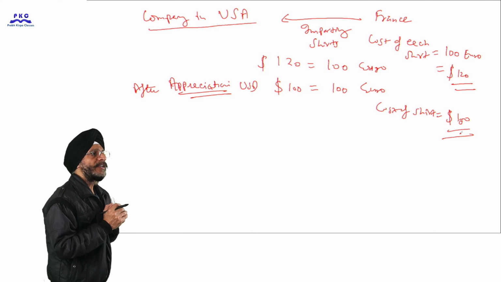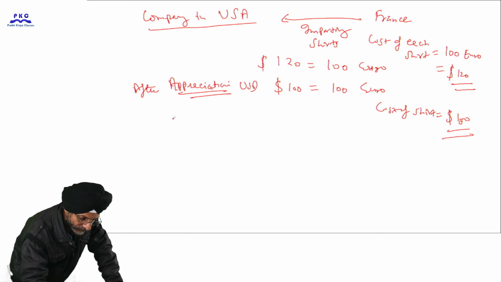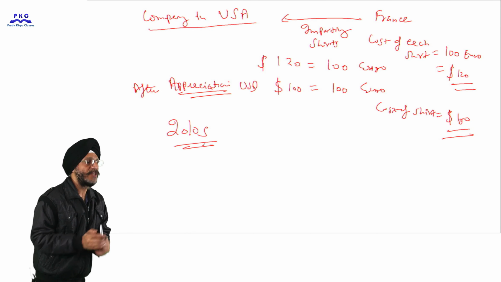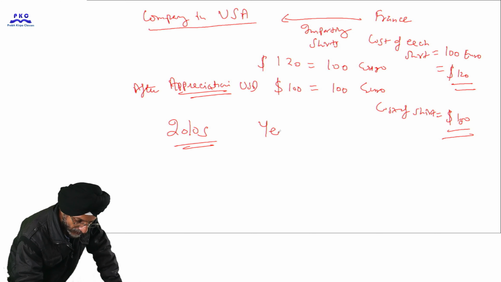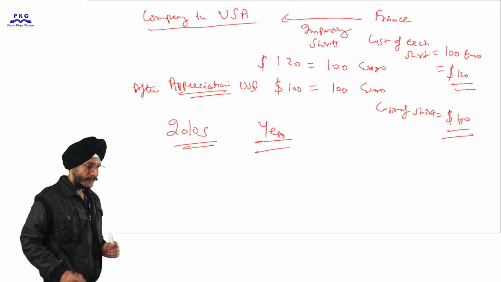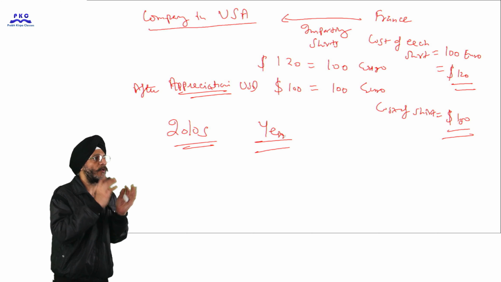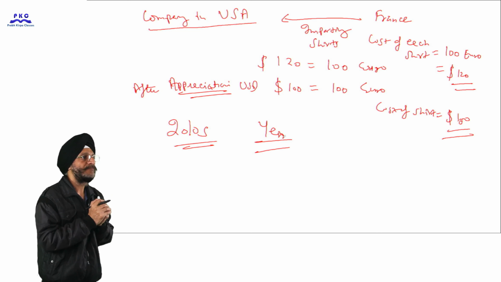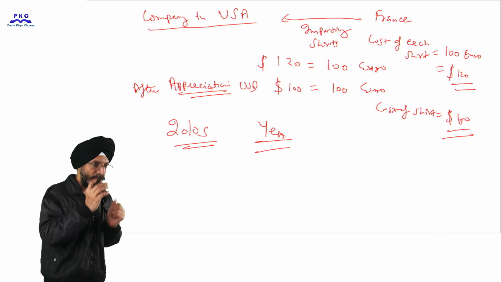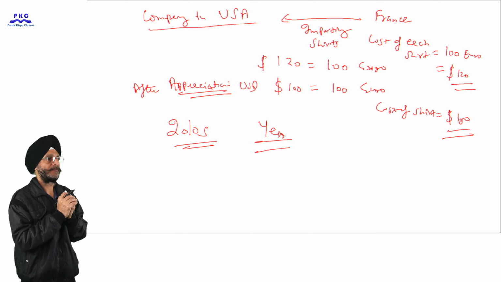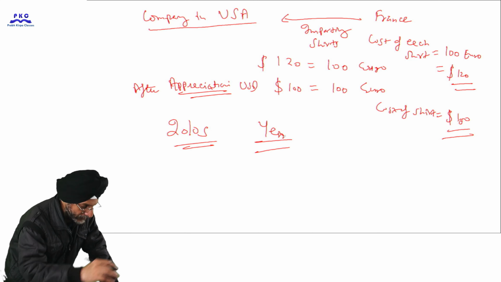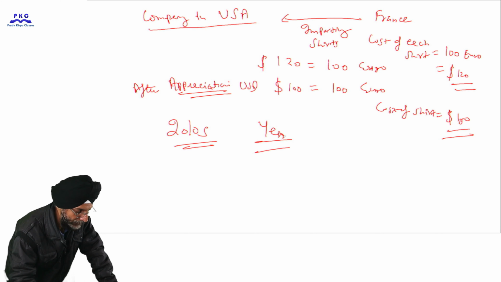In the early 2010s, the domestic currency of Japan, yen, had also appreciated. Because of the appreciation of Japanese yen, the cost of imported goods became cheaper for the Japanese buyers. We can understand the same with the help of an example.